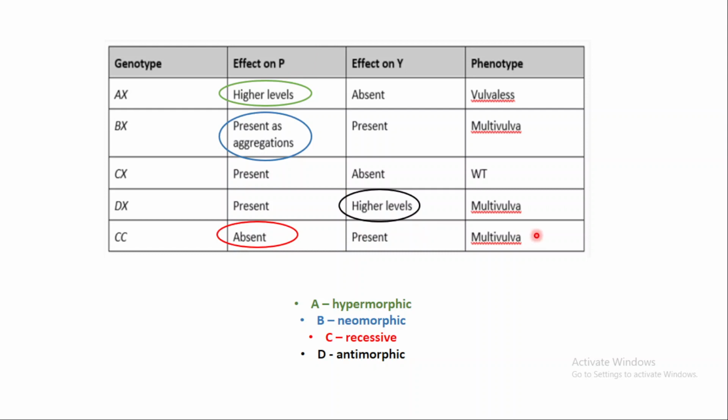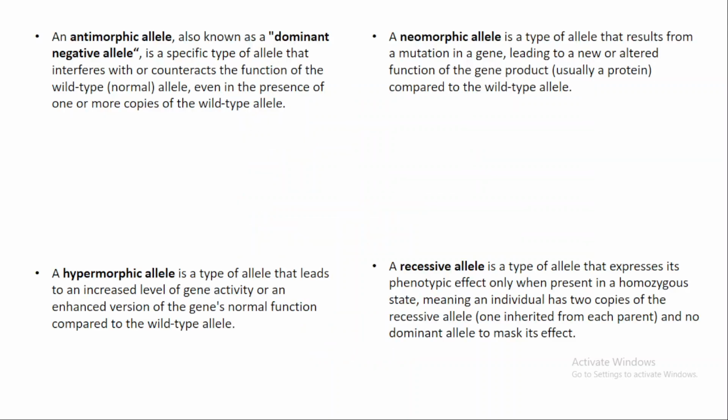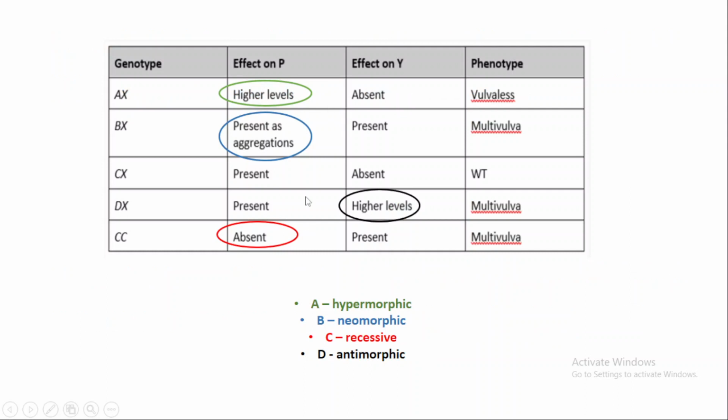So we see CC has an effect on P where it is absent, and thereby we have an effect on Y and we have a phenotype, while CX here, in presence of a dominant X allele, the effect of C is not seen. But AX, which Ajay has answered, is a dominant negative or antimorphic, sorry, it's showing kind of antimorphic levels here, higher level. A is hypermorphic, sorry.